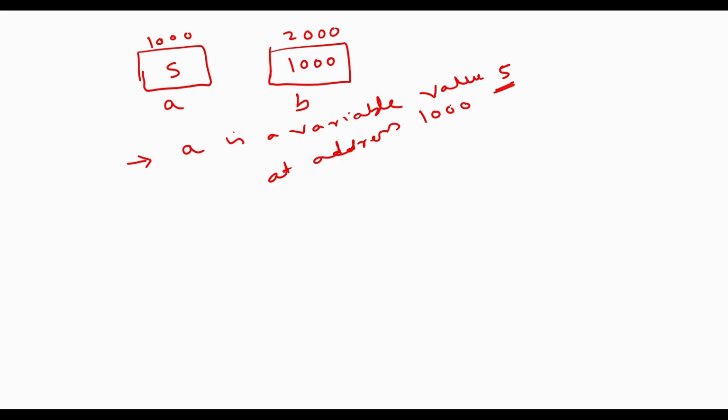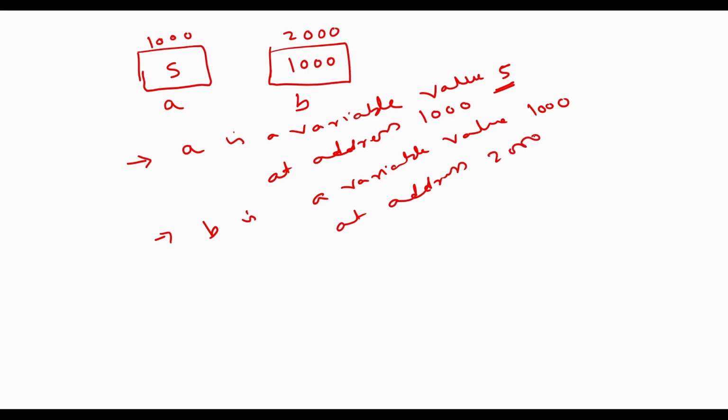Pointer is a concept which is very easy if you understand it clearly. The next derivation we can form with the boxes: B is a variable which is having the value 1000 at address 2000. We are assuming this.